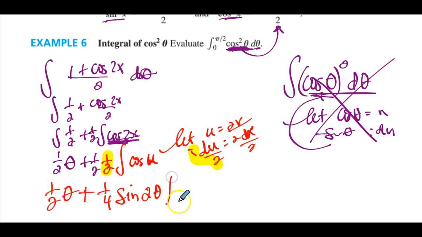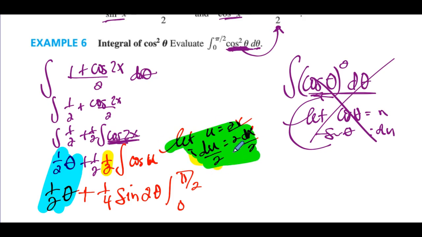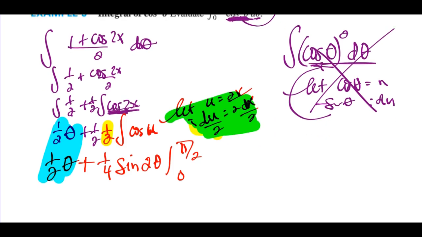Well, I went theta this time. I told you not to do that, but if you wanted to, we could put everything in terms of u, but I didn't in this case because this already has a theta in it, and I didn't do a u sub there. And I did do a u sub over here, so I don't want half of the problem in theta and half the problem in u, so I'll go back to theta, and then I'm going to do the fundamental theorem of calculus.